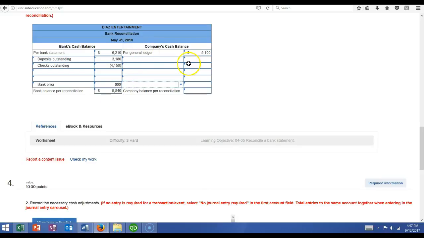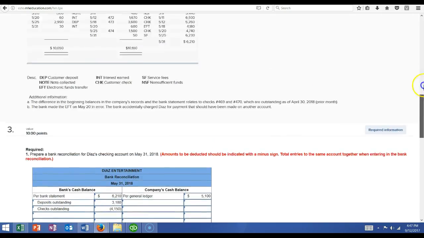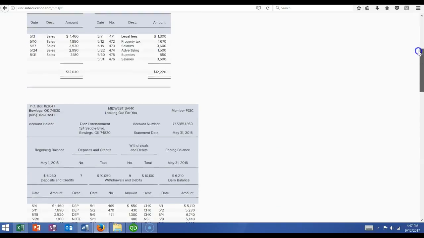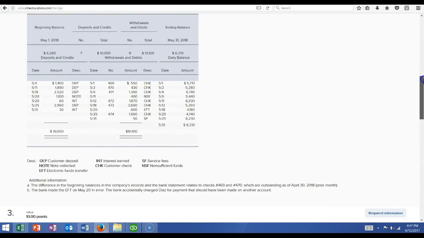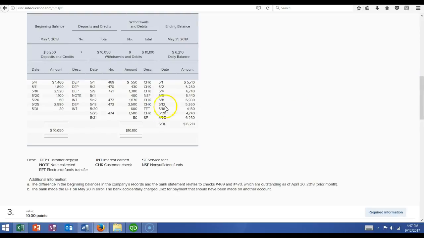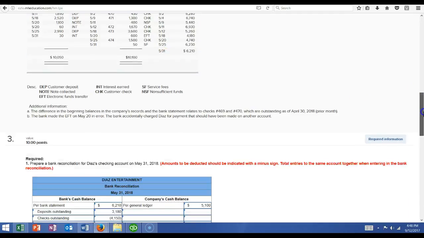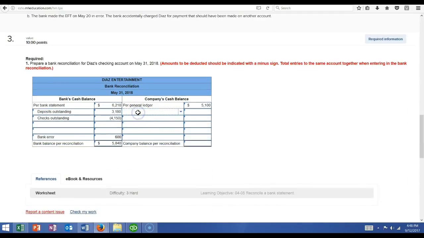Okay, now let's go over and see what we need to do over on this side. So, if we look here, I see a couple things. I see a note of $1,100. I see interest of $60 and interest of $30. So those are items that have hit the bank that we do not show on our general ledger. So note collected, $1,100.